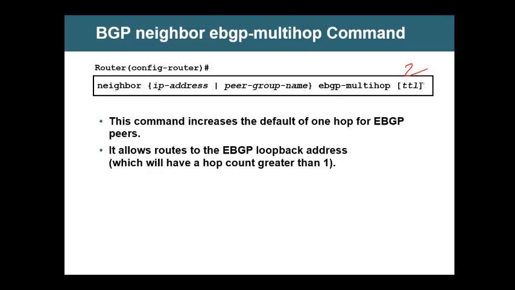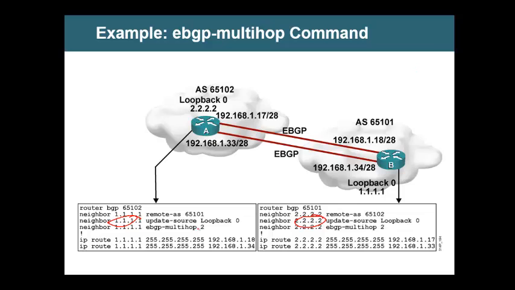See, that's what happens here. What you are saying is this destination need not be directly connected. In the routing table, it need not be seen as directly connected.